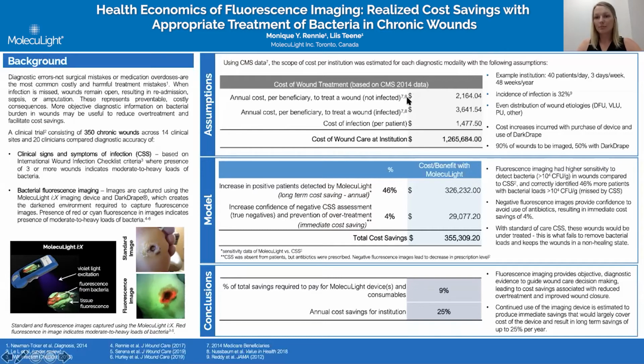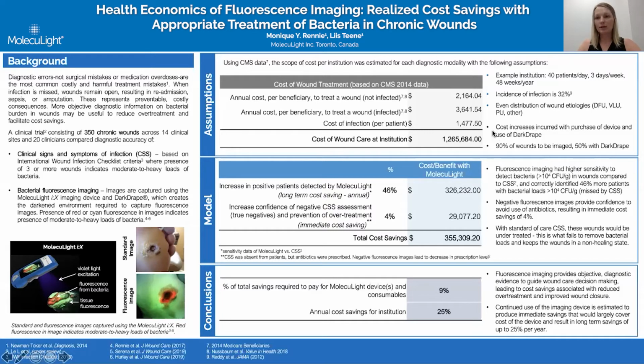In an example institution where 40 patients per day are imaged, where the clinic is run 3 days per week and 48 weeks out of the year, assuming an incidence of infection of 32% and an even distribution of wound etiologies, you can see that the cost of wound care at this example institution sums up to approximately $1.3 million.